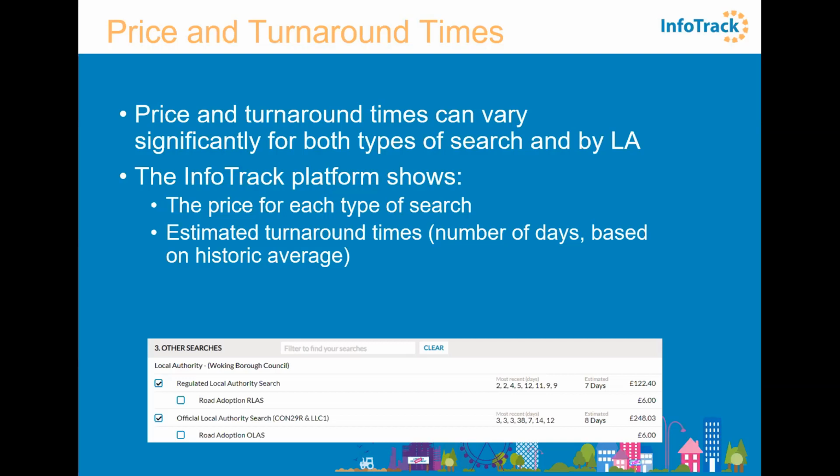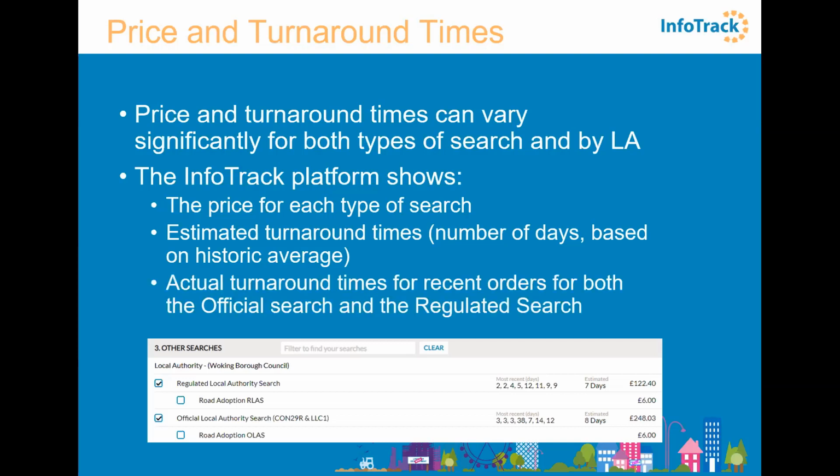Now with the 8 working days for the council search, again, they're typically underneath that, but I know you can see that 38 working day turnaround time, which will most likely fall down to a query. We try to be as accurate as we can with turnaround times, which is why we always send out updates as well when we find out that turnaround time is changing.